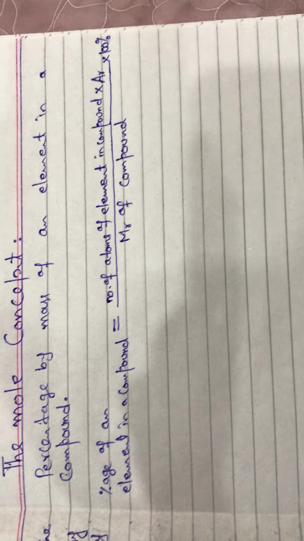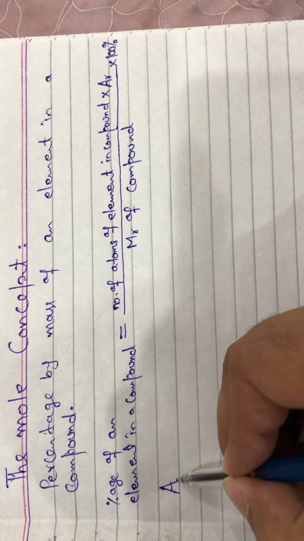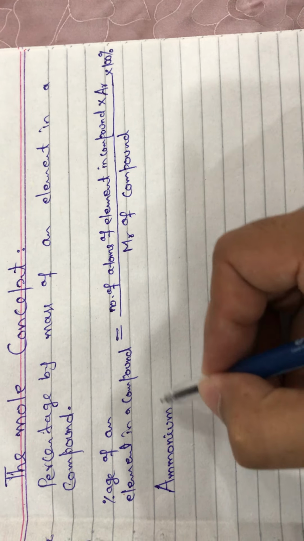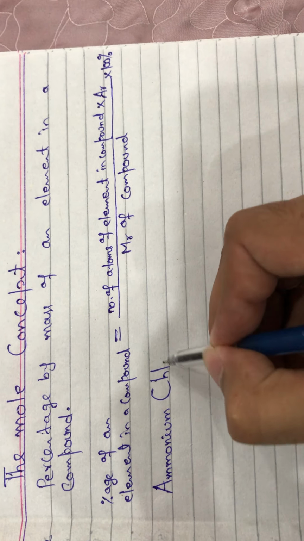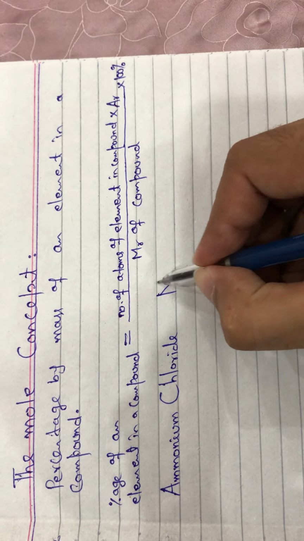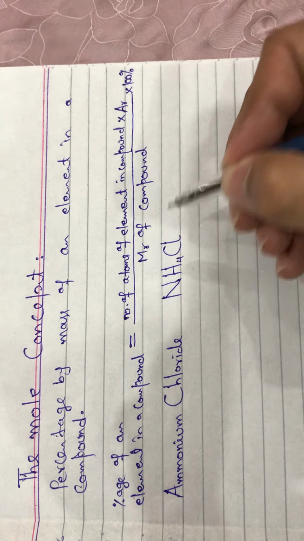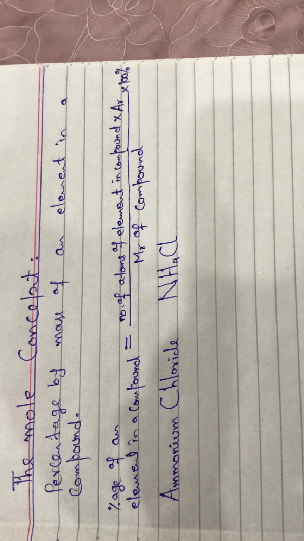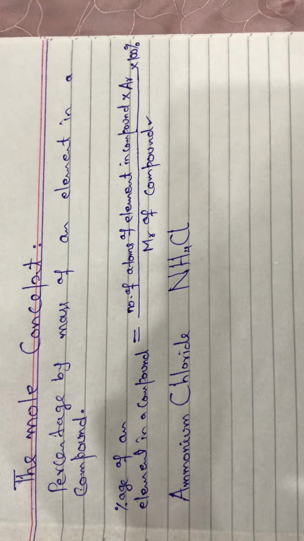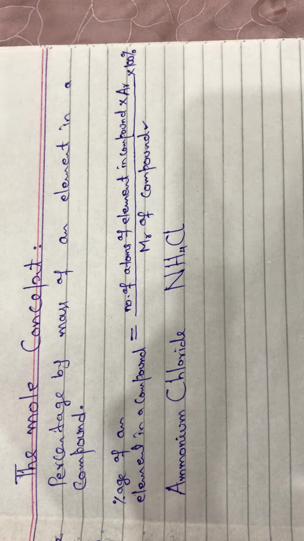For example, considering a compound, ammonium chloride, its formula is NH4Cl. First of all, we have to calculate the MR of the compound in order to calculate the percentage of each element present in this compound.